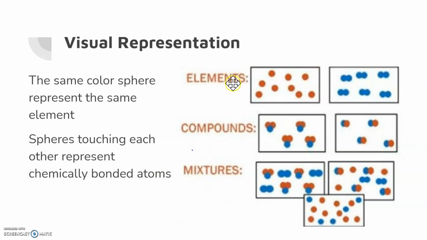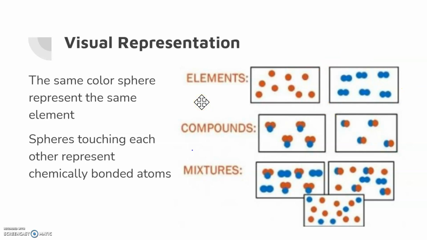So here I have 2 boxes at the top that are both elements. Here's one sphere. Here are 2 spheres together, but they're the same color. So this could be like oxygen bonded together. So both of these boxes are a representation of what elements might look like if we could magnify them and see them. So here's one element, and here's an element that's a diatomic element.